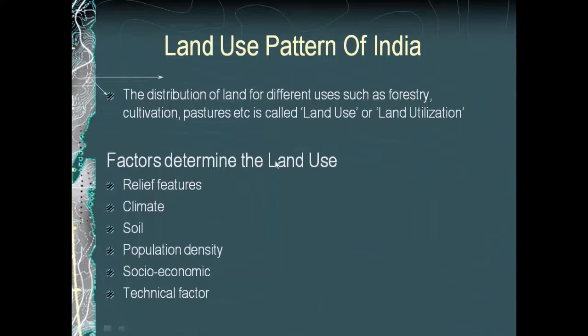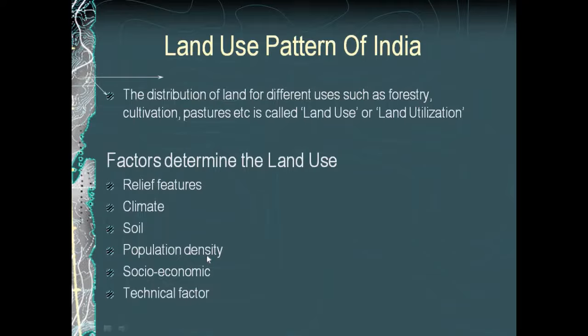And this land use is determined by some factors. Which are the factors that determine land use? Relief features: is it level land, a slope area, a steep area, a valley, like that. Climate also decides. Soil, what type of soil it is.